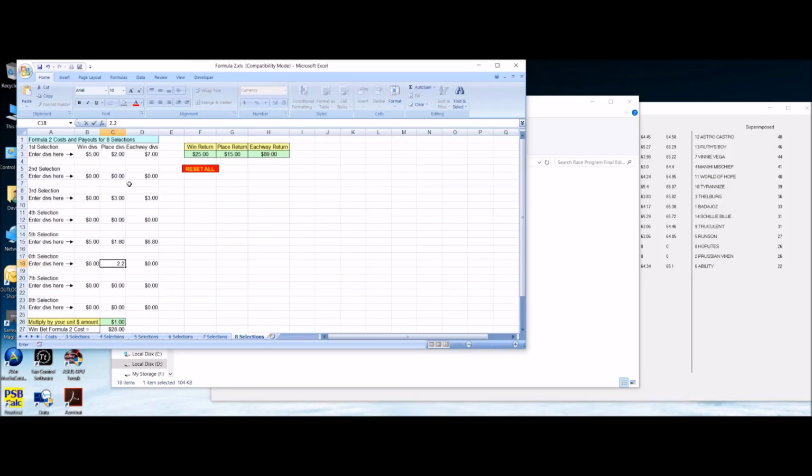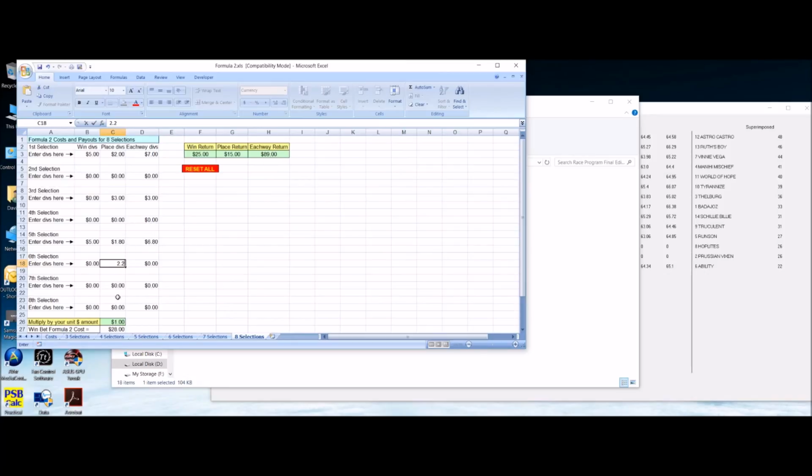That's what you get back from that ticket. Now you've only got two winners and one place getter out of your 8 selections. So you've had a poor day, they've paid nothing, but you've still got $89 back.